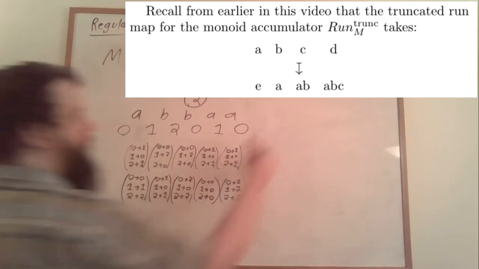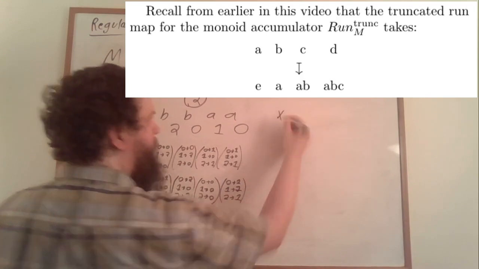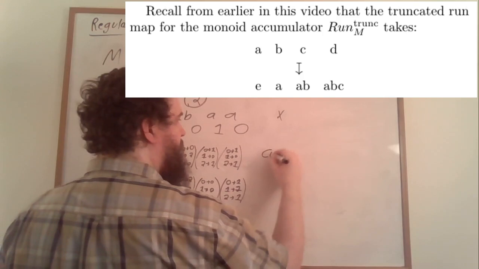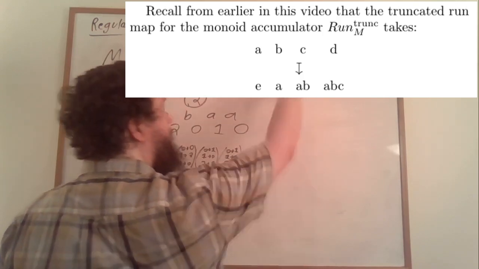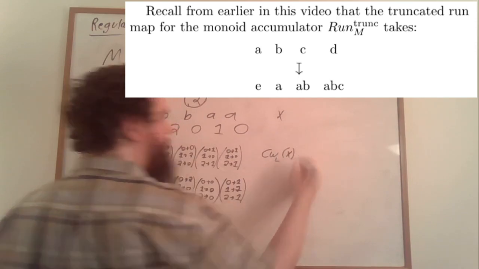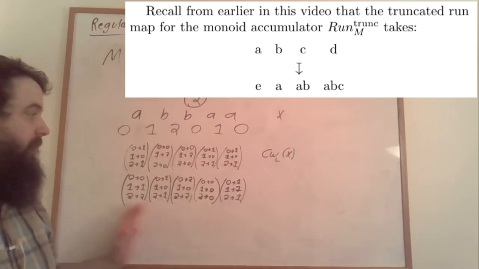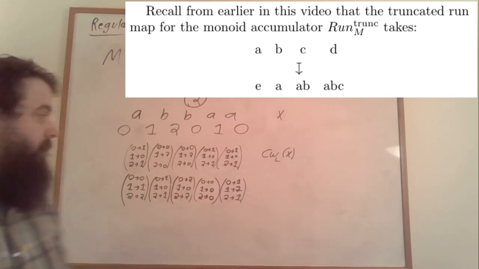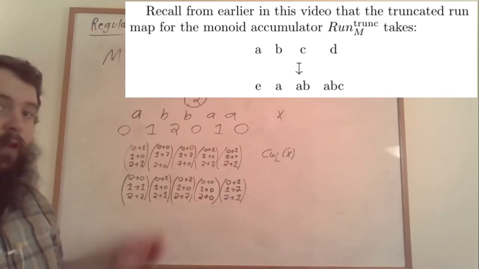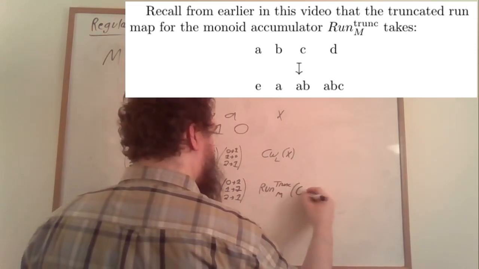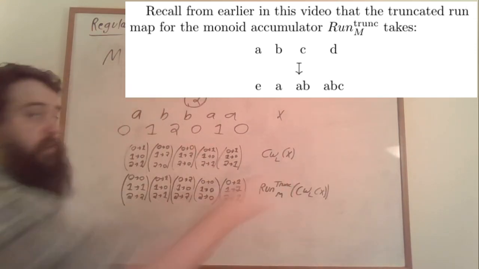So if this was our x, and this here is our character-wise lookup, where this is our lookup applied to x, then this here is the result of our truncated run map, we don't care about this last character, for the monoid accumulator automaton applied to that.